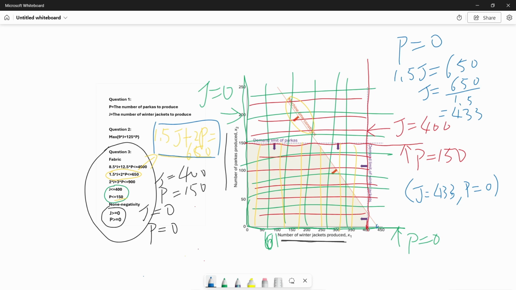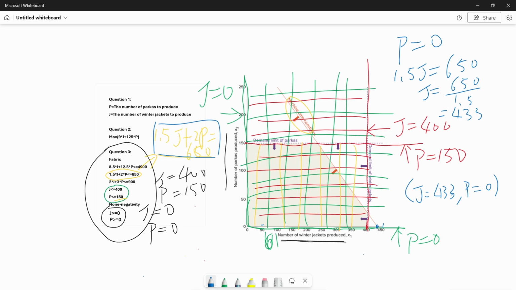Since I already created the dots, it's a 50 increment. So actually here is not 450. It is close to 450 because the edge here is 450. So this dot here is when J equal to 433. So how about P equal to 0? P equal to 0 is located on this horizontal line, right?